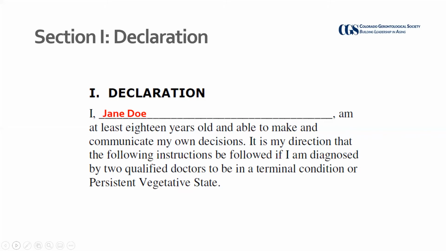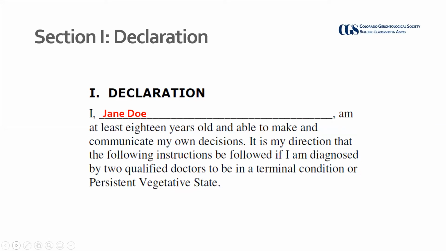So section 1 of the living will, this is where you are saying who you are. With this example, we're going to use Jane Doe as our person that is completing their living will today. And they're declaring who they are. So she is Jane Doe, and she is saying she is at least 18 years old. Why 18 years old is because under the law, when we turn 18, we are considered adults.